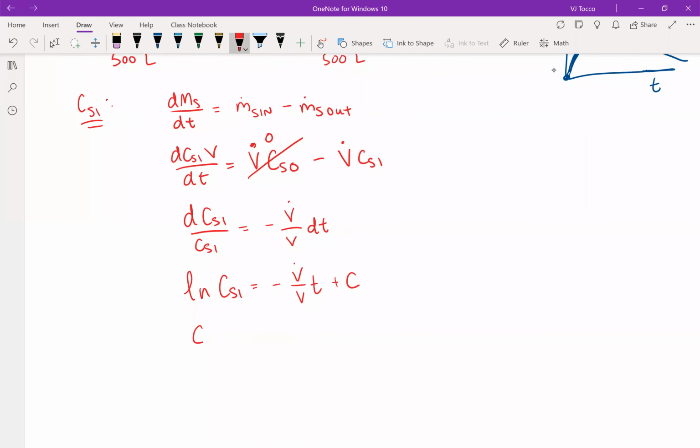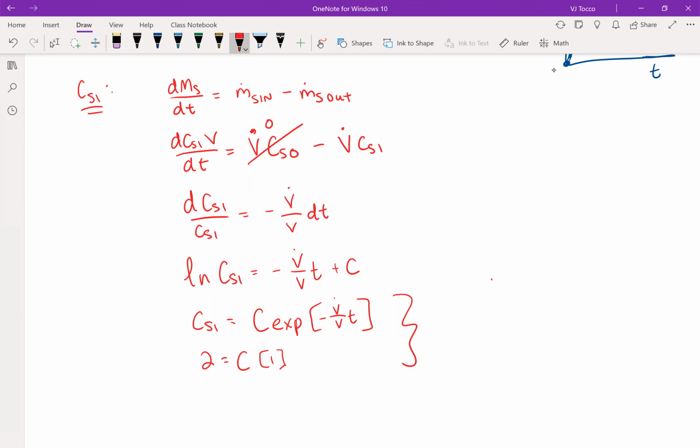Take the exponent of both sides, and CS1 is equal to c times exponent of minus V dot over V times t. Plugging in my initial condition, which is that CS1 of time 0 is equal to 2, 2 is equal to c times 1, and therefore c is equal to 2.